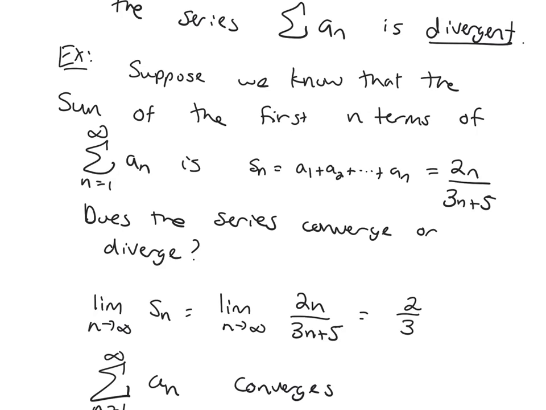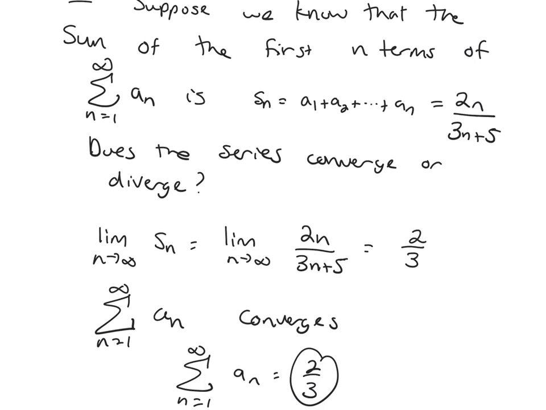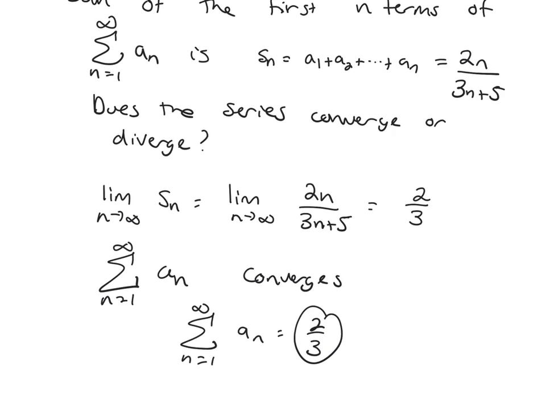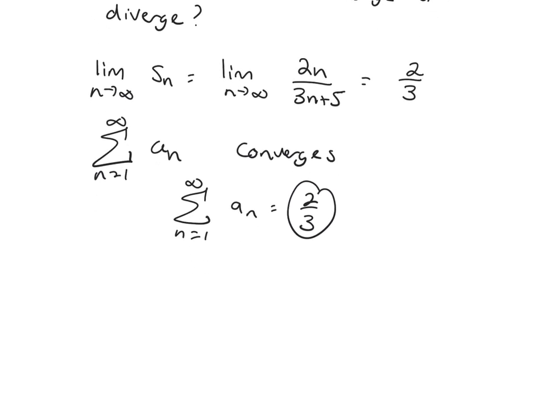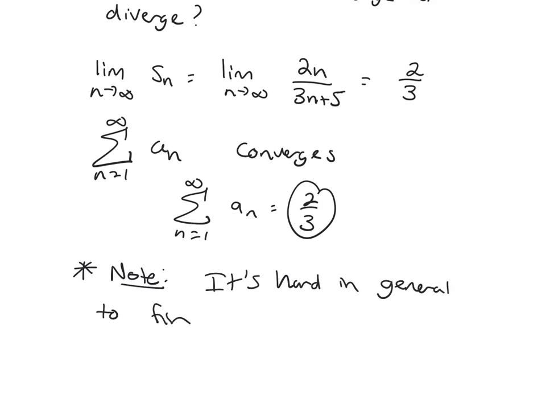But here they give it to me. In general though, it's really hard to have a formula for these partial sums. So I'm going to say, note, it's hard in general to find a formula for S sub n.